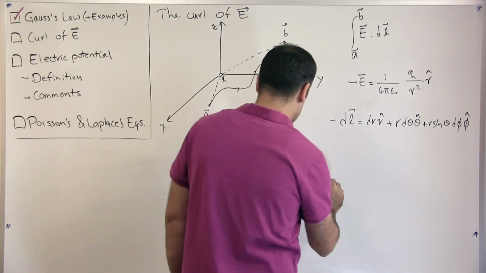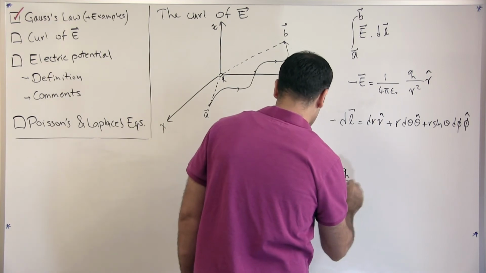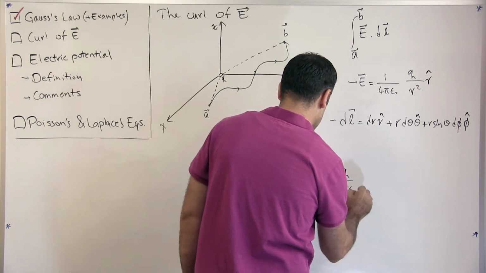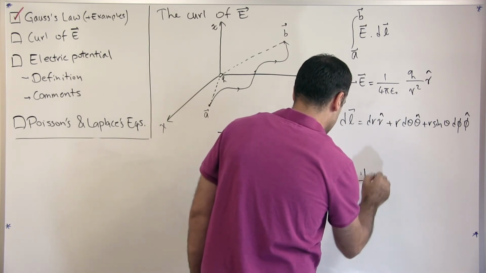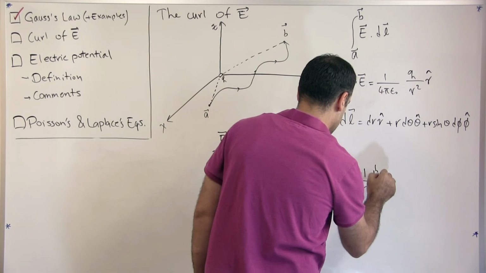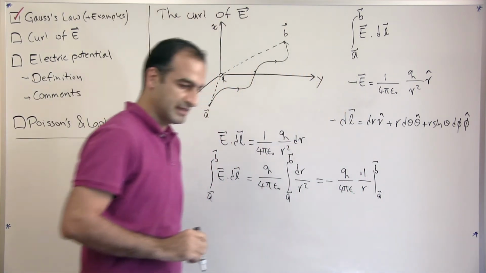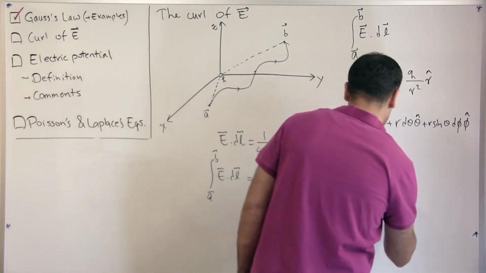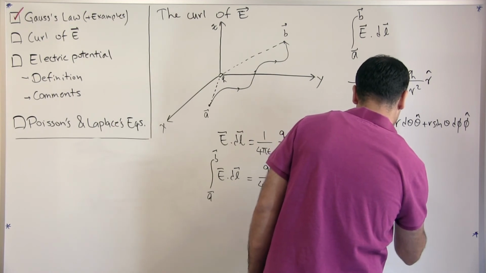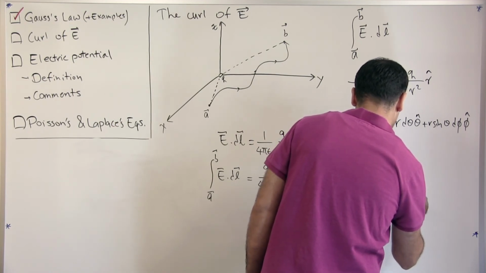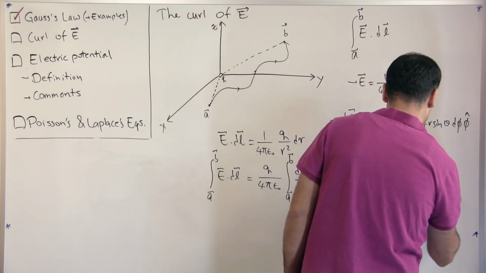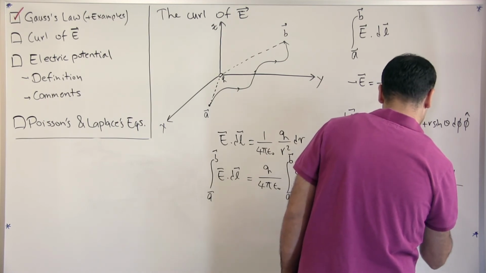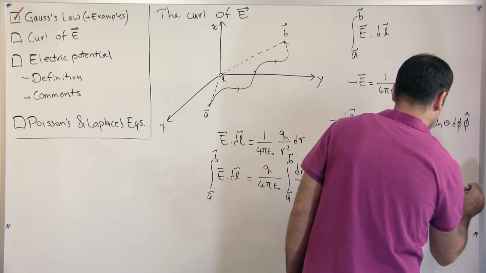So we get negative q over 4 pi epsilon 0 times 1 over r from A to B. And here we get q over 4 pi epsilon 0 times 1 over r_A minus 1 over r_B.